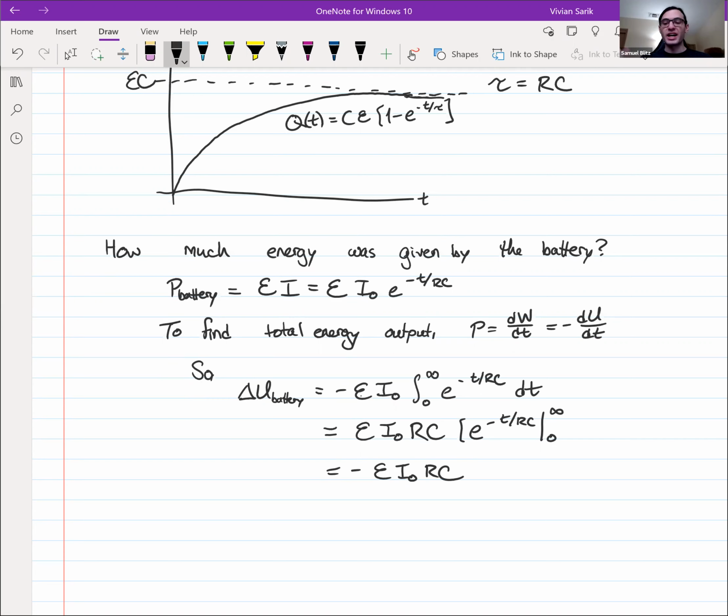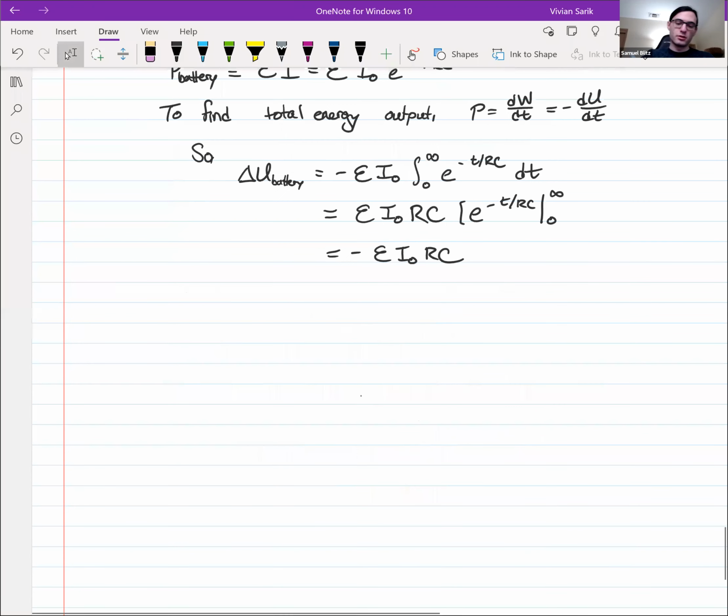Now, just as an aside, when t equals 0, the EMF of the battery is equal to the current times the resistance, because the capacitor, being that it's empty, behaves like an equipotential. So it just obeys Ohm's law.